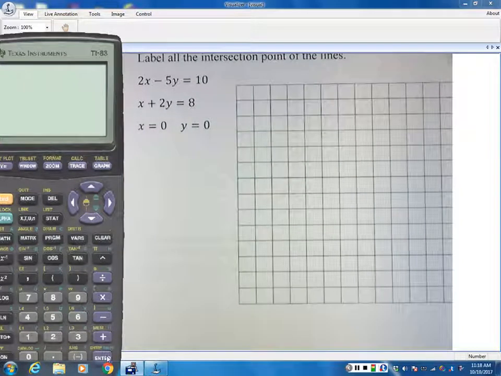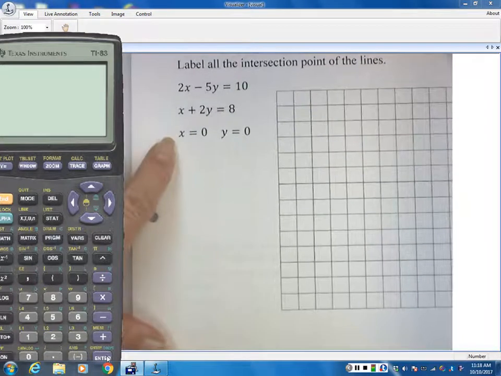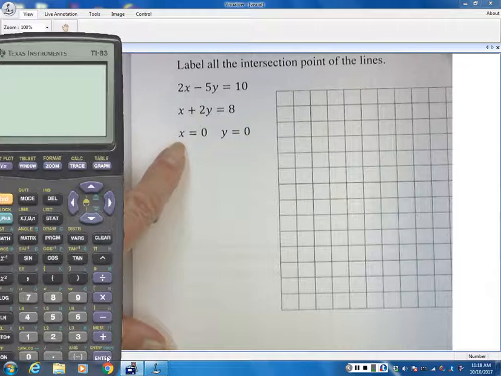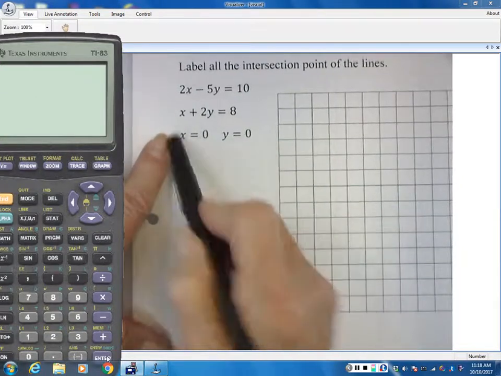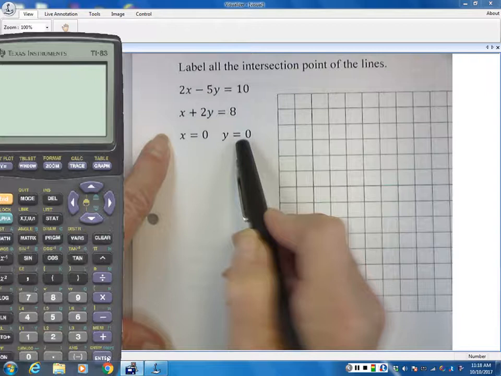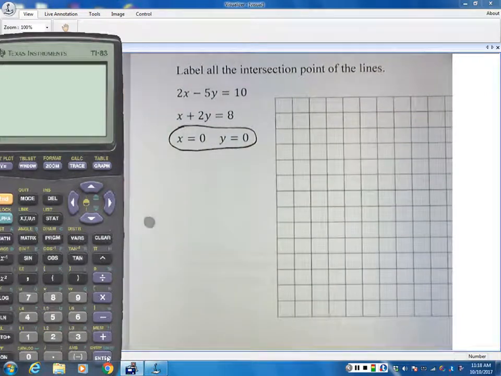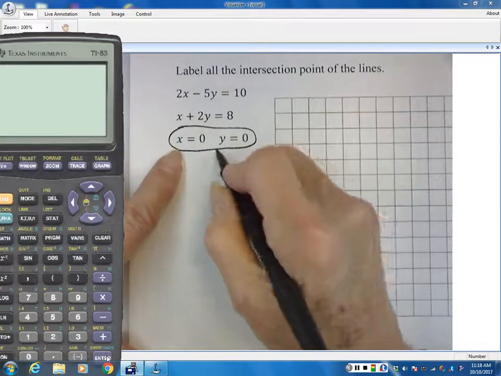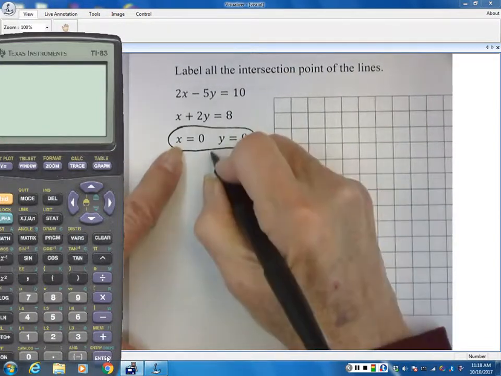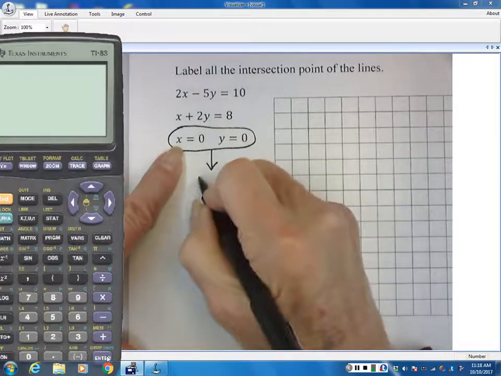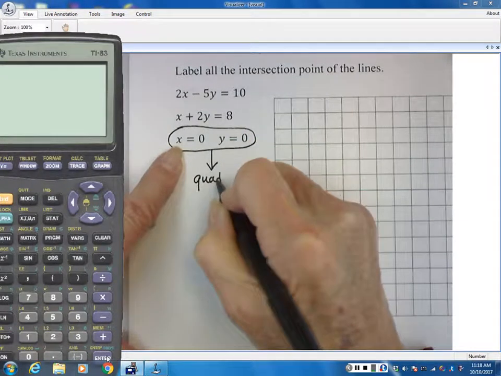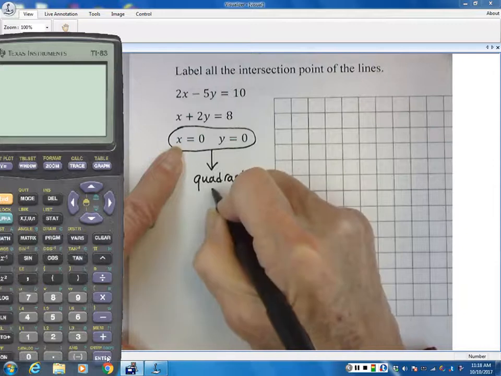Okay, now I'm skipping to the last one. The reason I'm skipping to the last one is because this is going to happen to us a lot in application problems. A lot of times, we only are being restricted to the first quadrant, because we want x is greater than or equal to 0 and y is greater than or equal to 0. We only want them to be positive numbers. So basically when you see that, you know that your graph really needs to only show quadrant 1.